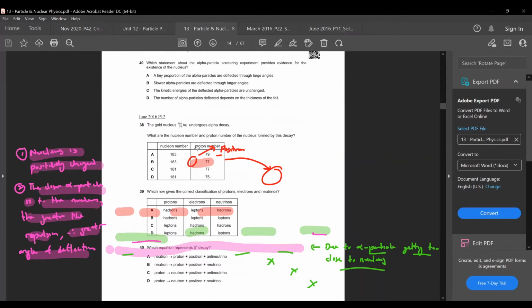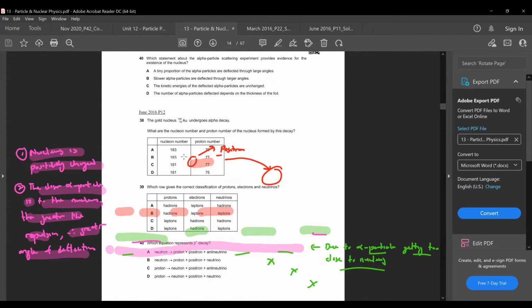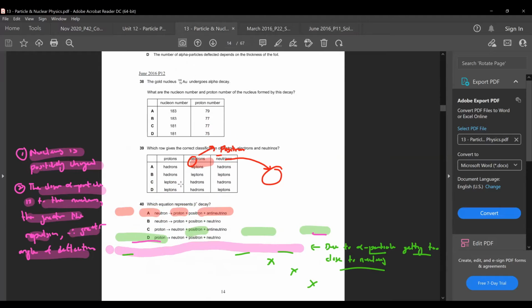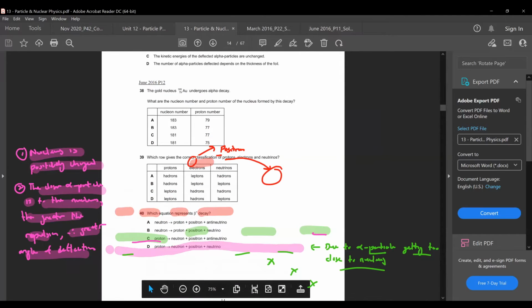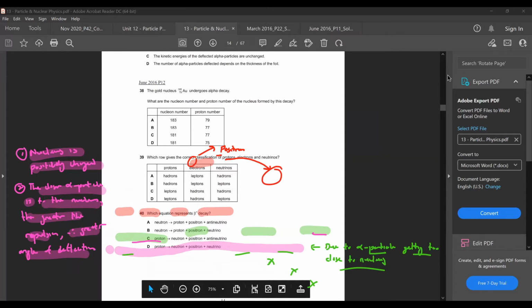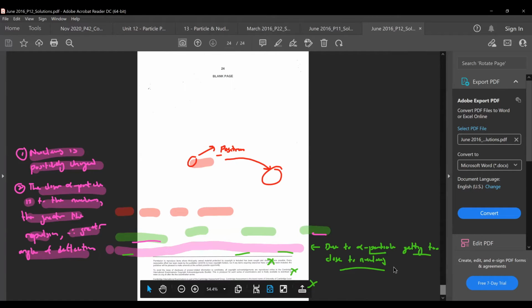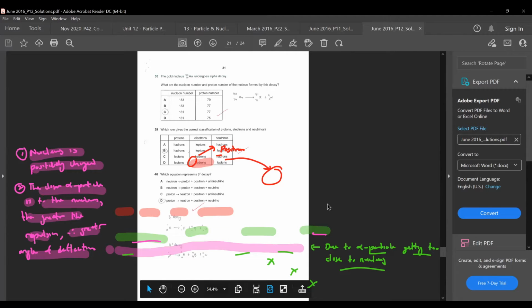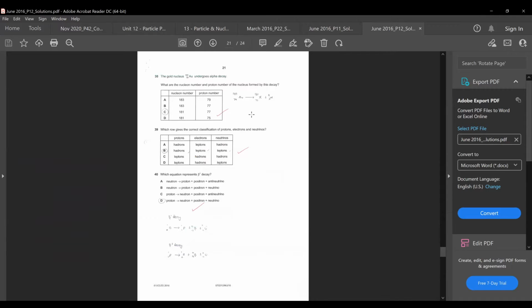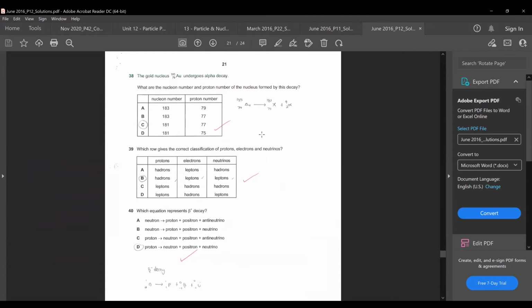Then you go on to page 14. Okay, page 14. This one is June 16 P12, Question 38. Now, gold nucleus Aurum 185, 79 undergoes alpha decay.